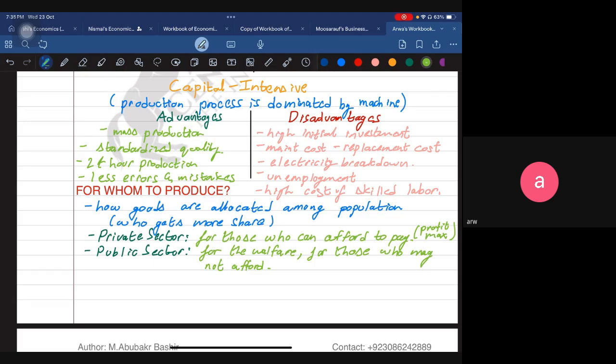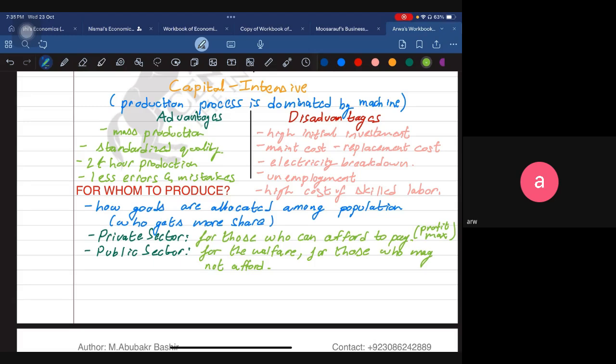So automatically, that service remains for those who cannot afford. If the government has reduced the prices of the fares of the bus, if you have your own conveyance, you would not use a bus, even though the fare is low, even though the government is providing that facility.